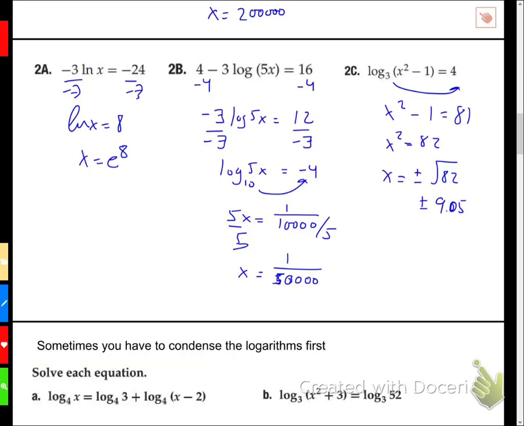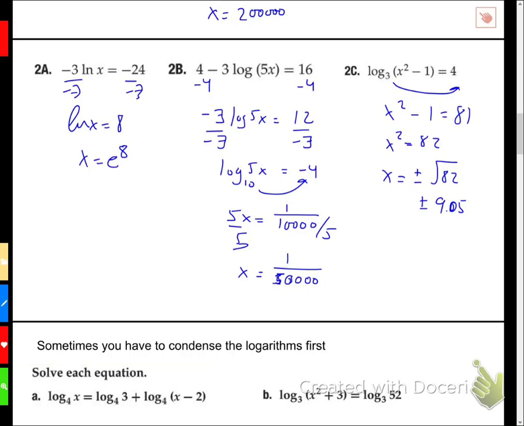Okay, now in this case, 9.05 still works. Okay, because plugging in 9.05 here squares it and makes it positive and large, and then subtracting 1 still makes it positive. Okay, so we just want to make sure whenever we get an answer, especially if it's a negative answer, that plugging it back into the original equation will not cause us to take the log of a negative number.